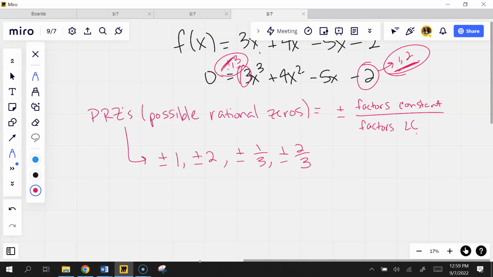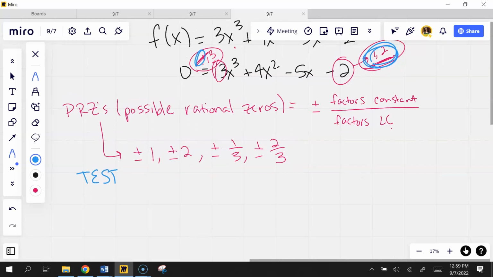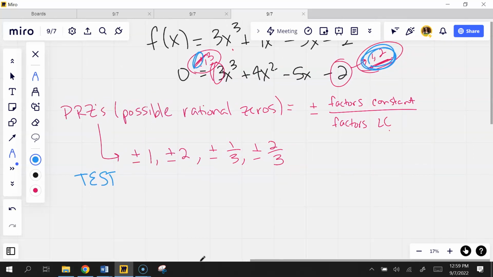So then you remember, I took all of these and divided them first by 1. Because those are factors of the constant.